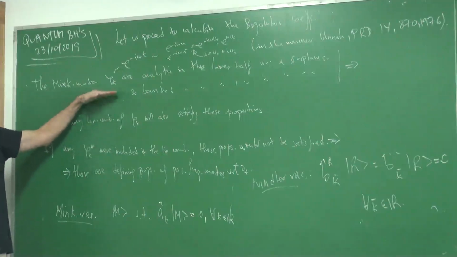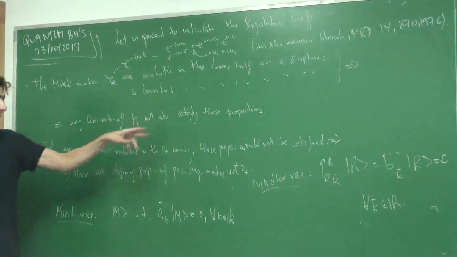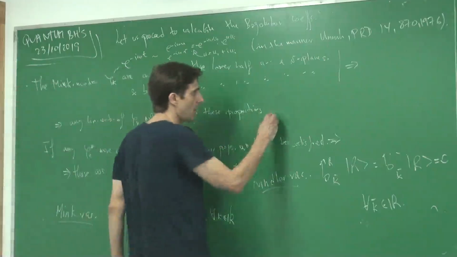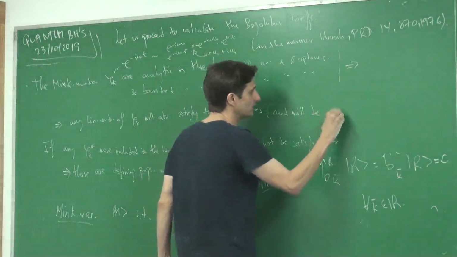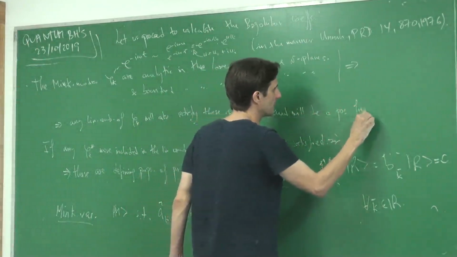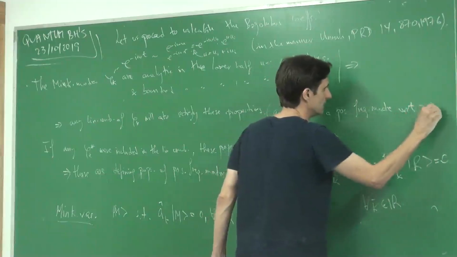Okay, if you take any linear combination of positive frequency modes, you're still going to have a positive frequency mode. Any combination of phi k will also satisfy these properties, and obviously will be a positive frequency mode with respect to dt.